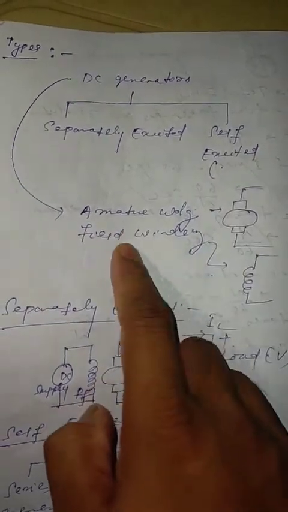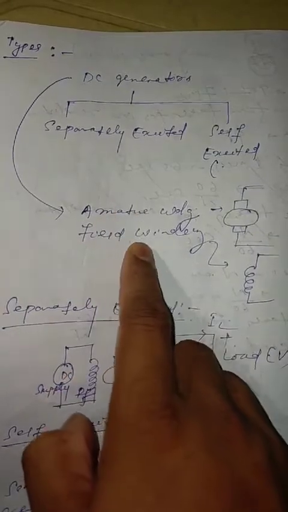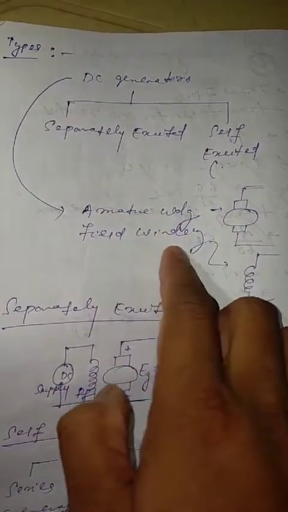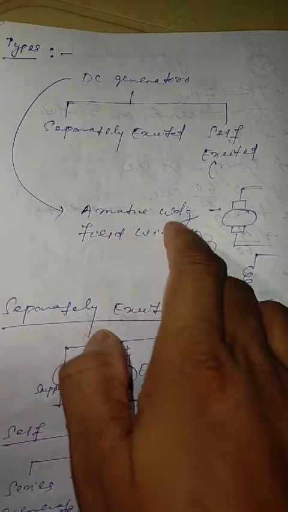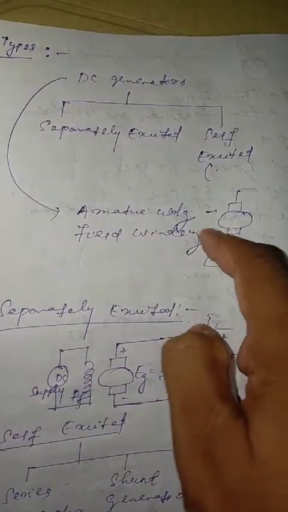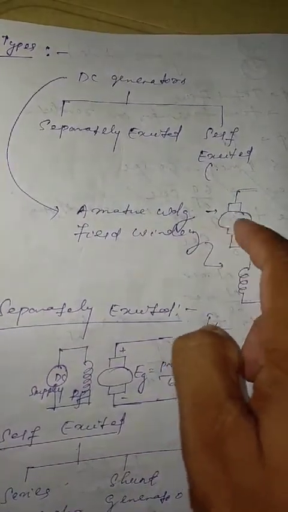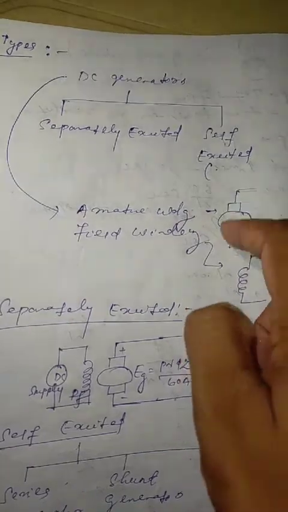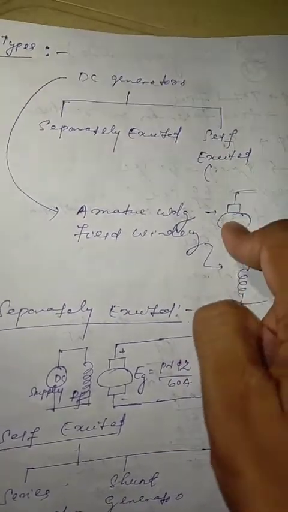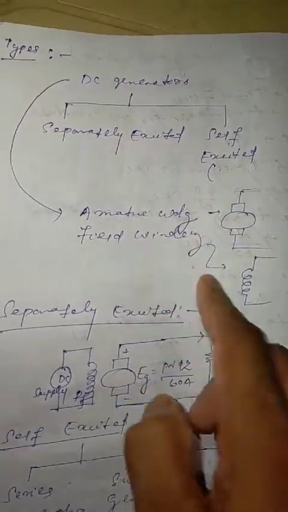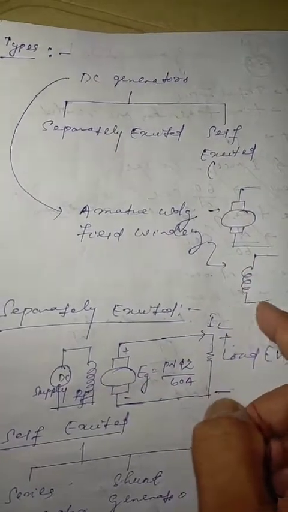First of all, you have the armature part and the field part. The armature part is generally represented in this way. We have the armature core, and the brushes are there. Inside this one you have to understand that the armature resistance is there. The field winding is generally represented like this.